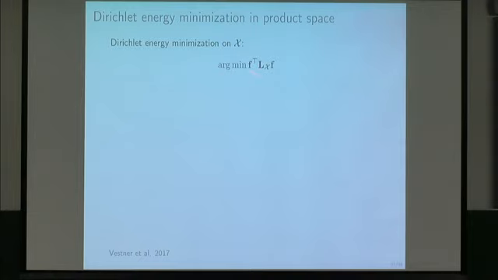If L is the Laplacian matrix and we minimize something like this, subject to unit norm constraints on F, this is the Dirichlet energy of F. If we take this monotonic function of the Laplacian, we can replace arg minimum with arg maximum, right? And this is nothing but the heat kernel at time t.